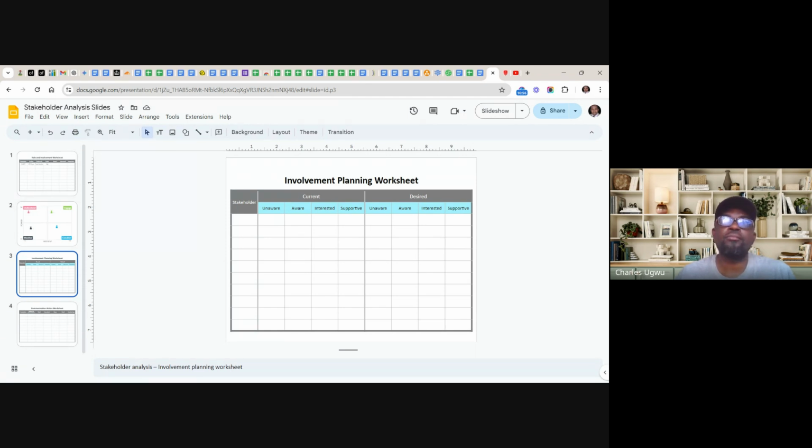This will help you do gap analysis. You perform gap analysis on the current process, and then you work hard to close the gap within the desired stage. That is what this particular involvement sheet will help you do.